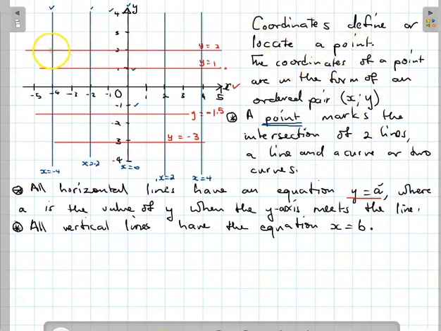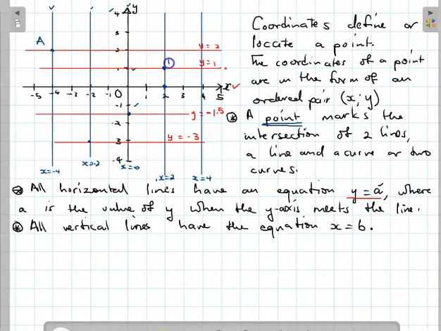So it means this is a point. This is a point. This is a point. This is a point, and this is a point. So let's label these points. This is point A.